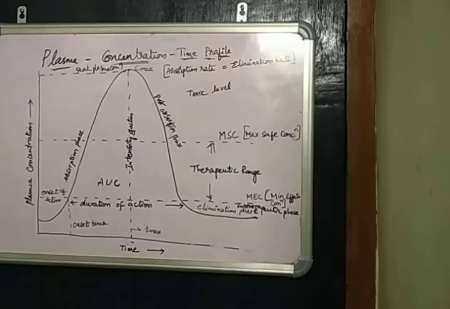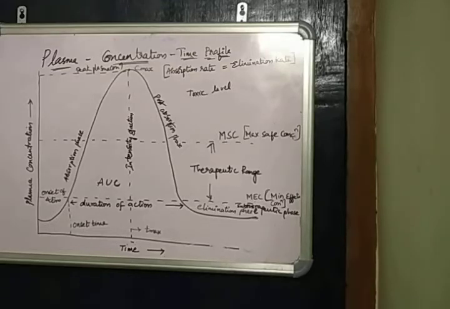A typical plasma concentration time profile curve is obtained. After taking a single oral dose of a drug, it shows various pharmacokinetic and pharmacodynamic parameters. After oral administration of a drug, in this plasma concentration versus time profile curve, we observe various pharmacokinetic and pharmacodynamic parameters.